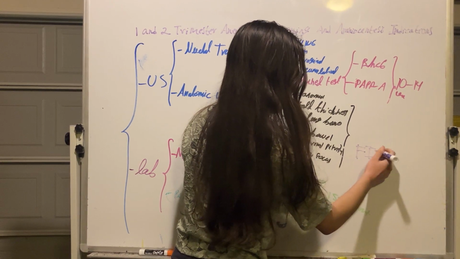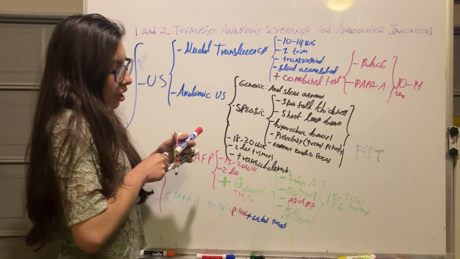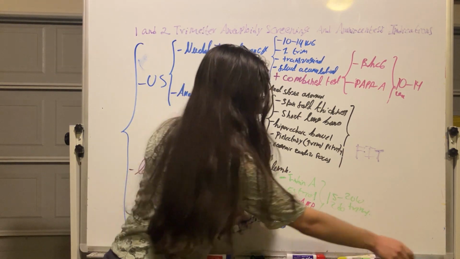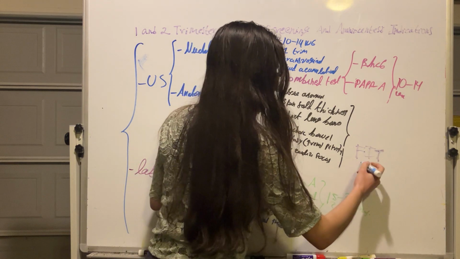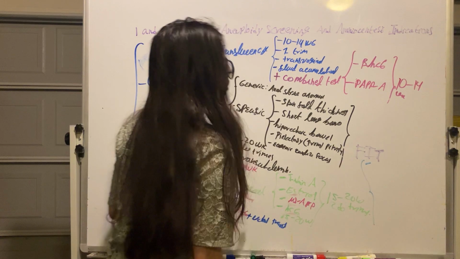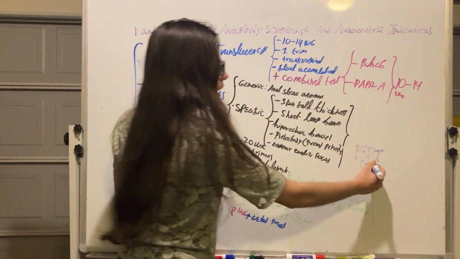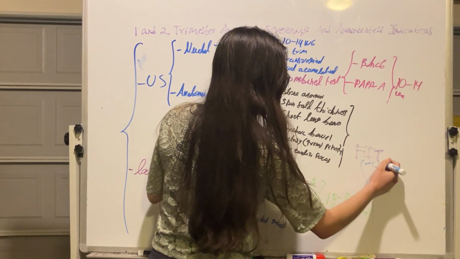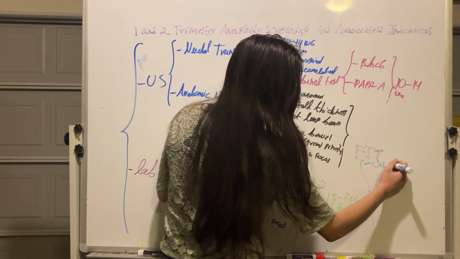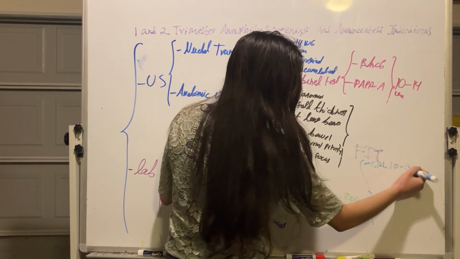This one is the crown rump length measurement between 10 to 14 weeks gestation.